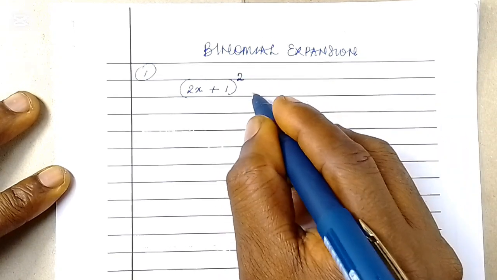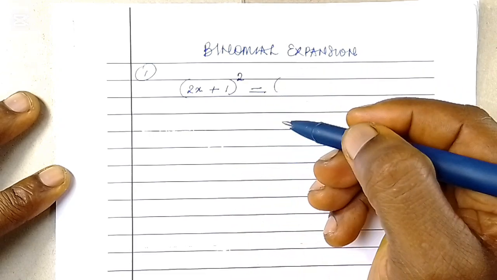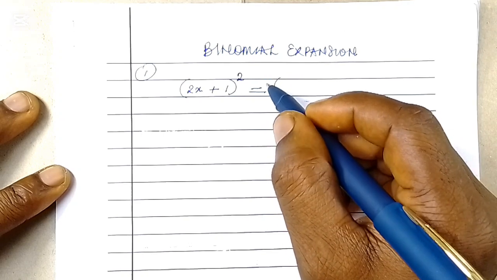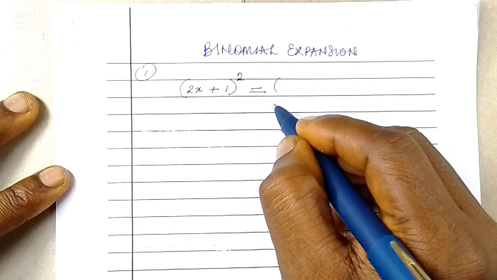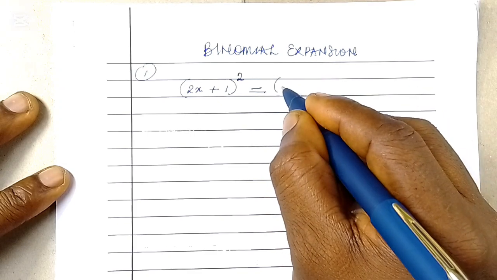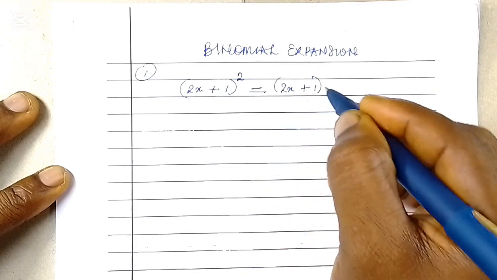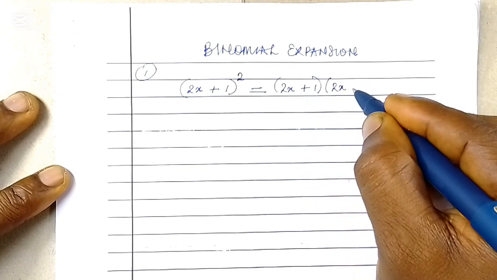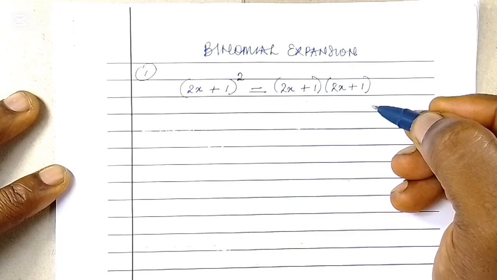Now, one thing students would usually do, especially those who are not aware of a technique called binomial expansion, is to use their common knowledge of indices to say 2x plus 1 in one bracket multiplied by 2x plus 1 in another bracket.